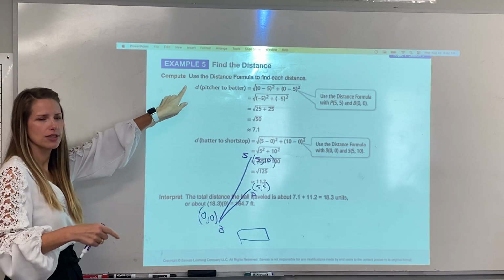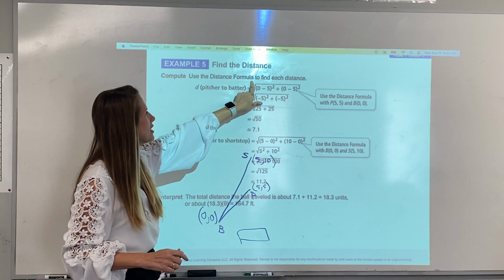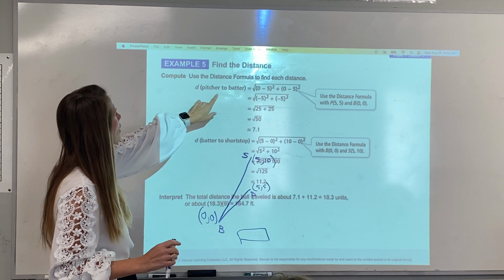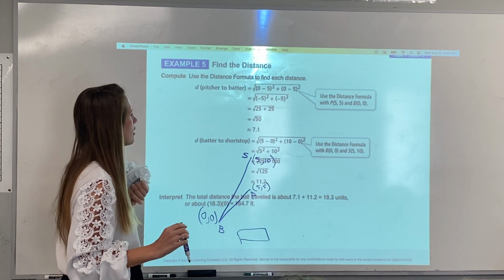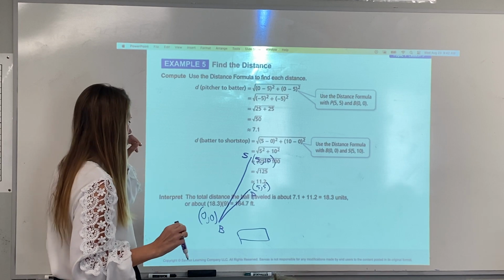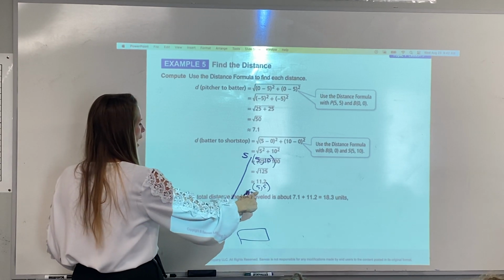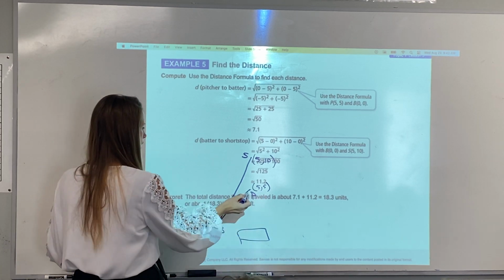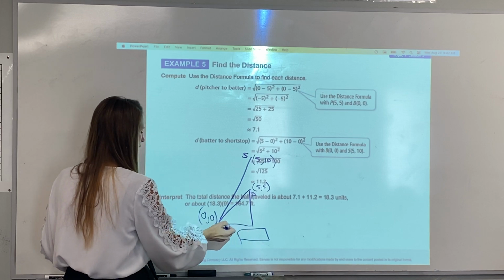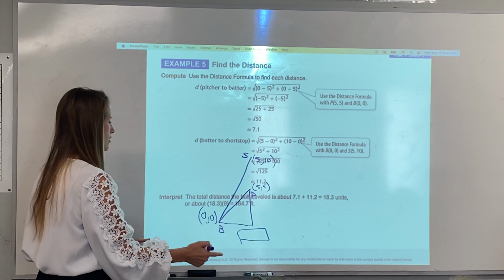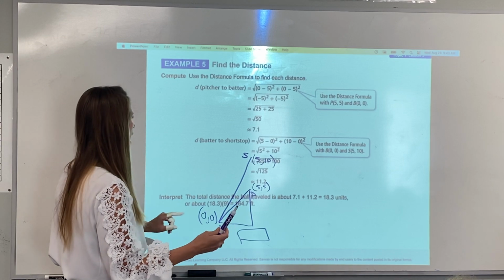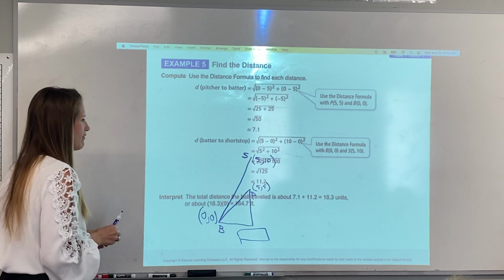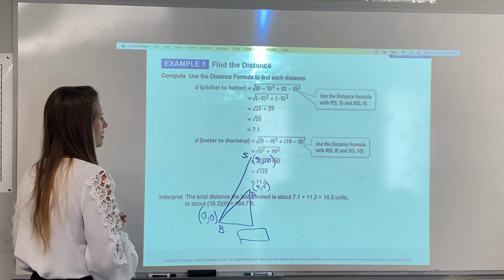Here we go. Use the distance formula to find each distance. So, from pitcher to batter, we need the difference of our x values and the difference of our y values, which happen to be the exact same thing.